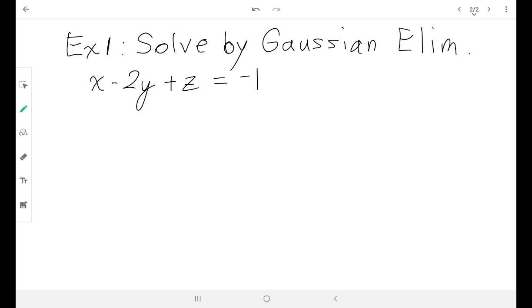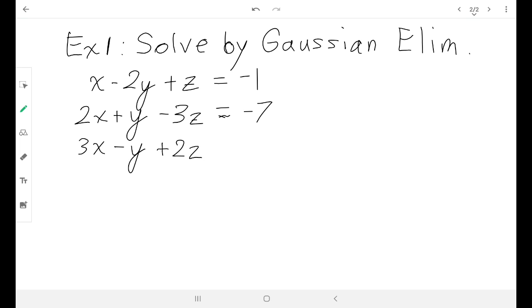That's going to be the first equation, and then 2x plus y minus 3z equals -7 is the second equation, and then 3x minus y plus 2z equals 0.